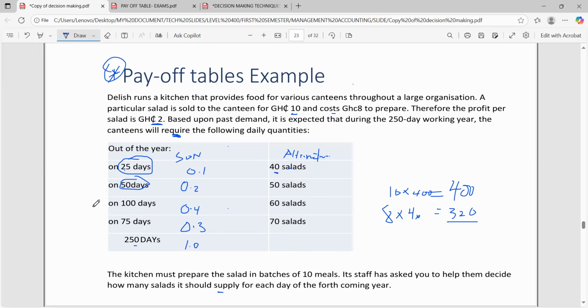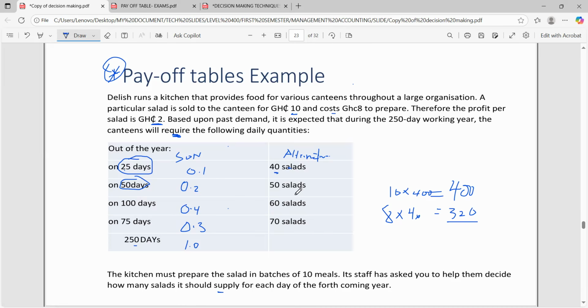And then 75 over 250 tells you the probability. And I've told you, when we learned probability at the early stage, we said that the probabilities should not exceed 1. It should be between 0 and 1. So when you sum up all these probabilities and it exceeds 1, then it means that you are going wrong with how to compute the probability according to this question.